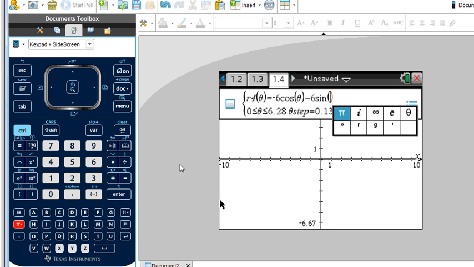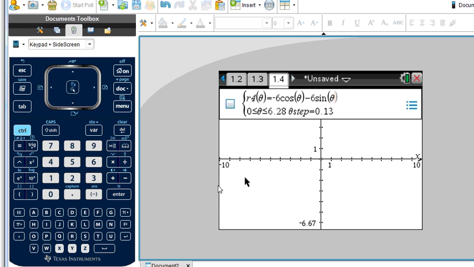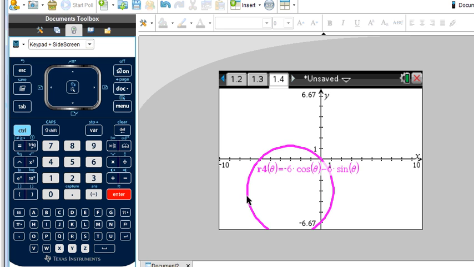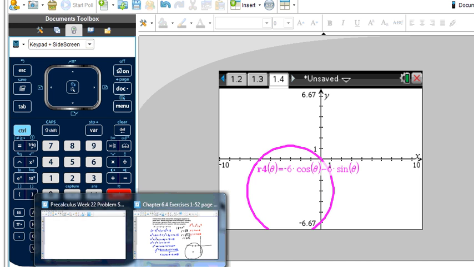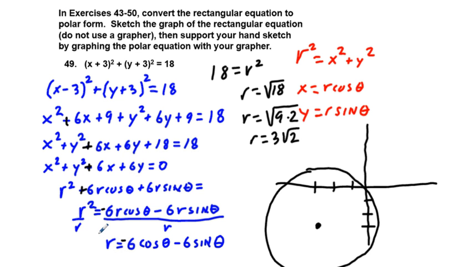Okay, theta right there. And yeah, we get kind of the sketch I drew, right? We have -3, comma -3 as the center, and that looks pretty good. After I corrected this equation, it's r equals -6 cosine theta minus 6 sine theta.